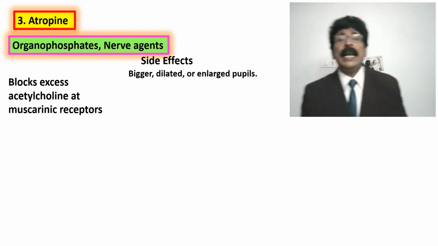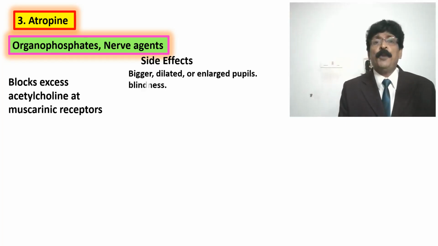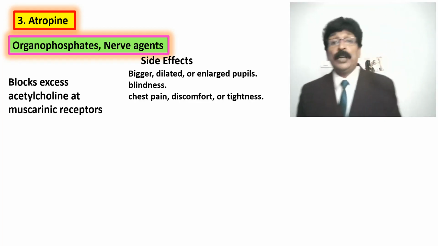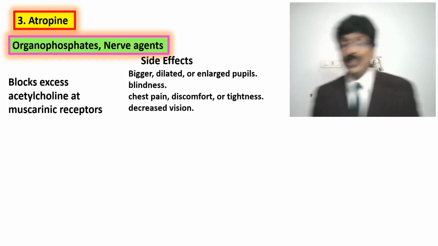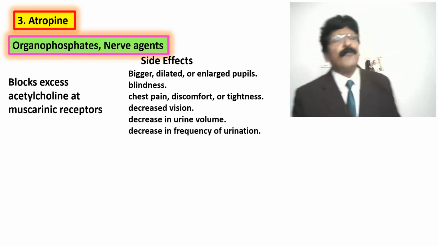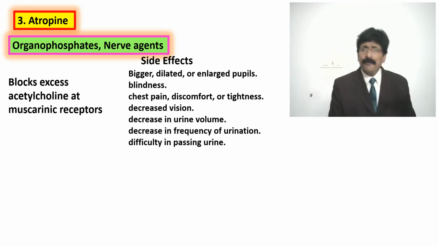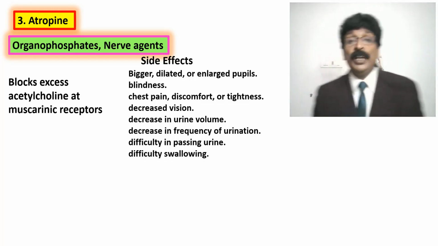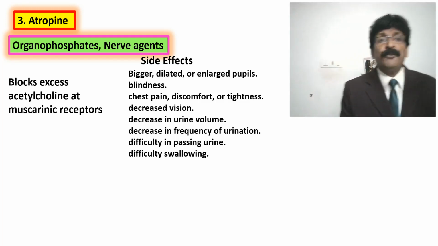bigger and dilated or enlarged pupils can be seen, blindness can be seen, chest pain, discomfort or tightness, decreased vision and decrease in urine volume, decrease in frequency of urination, difficulty in passing urine. So with the eye and urination, more difficulty can be seen.